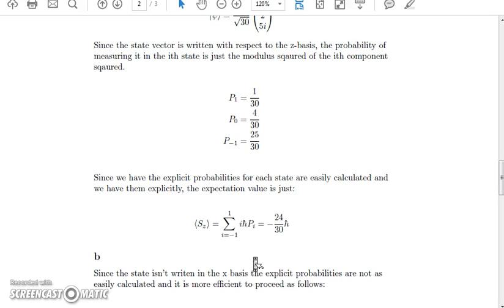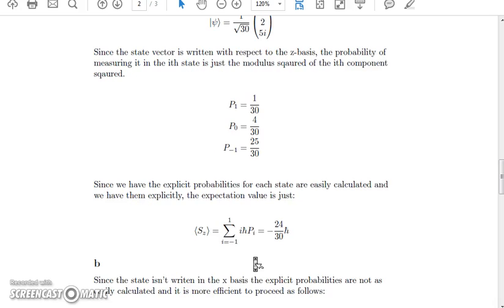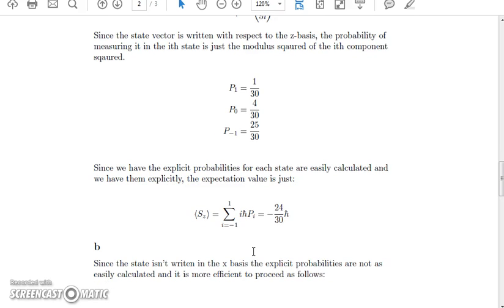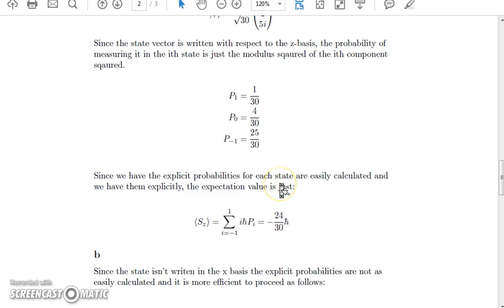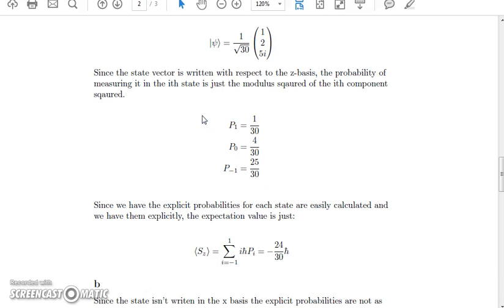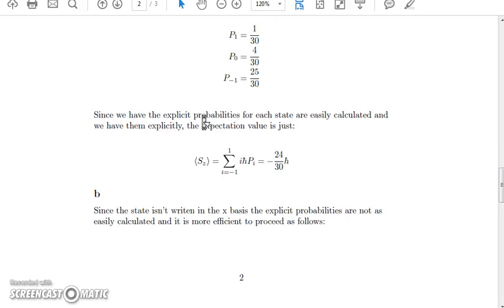So in part B, they asked us to calculate the expectation value for the S_x operator, and it's a little trickier because the state isn't written with respect to the S_x basis, so it would be a real pain to compute all the probabilities explicitly.